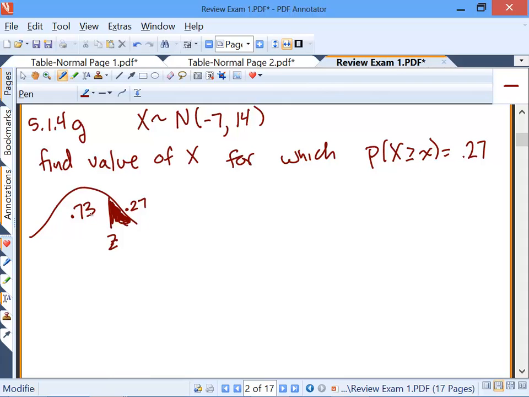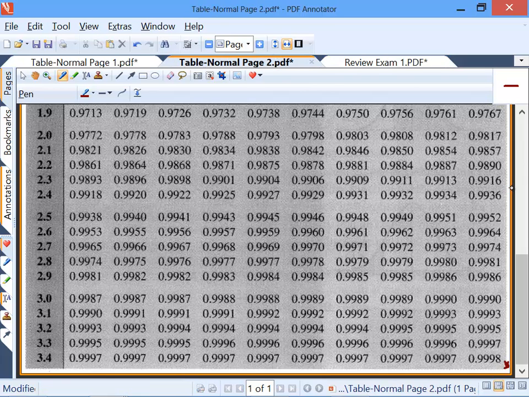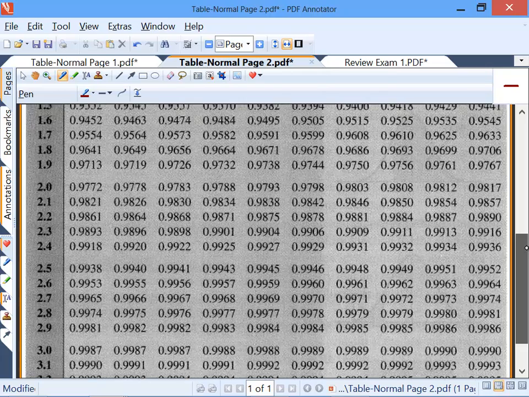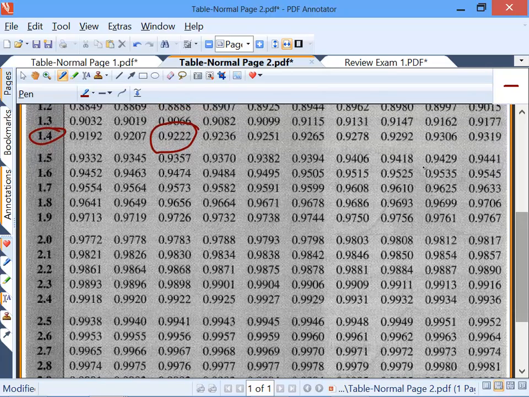So what I'm going to do is look on the z table and try and find 0.73 as an area. Now remember, your areas or your probabilities are in the middle of the table. So I'm looking for 0.73 in the middle.